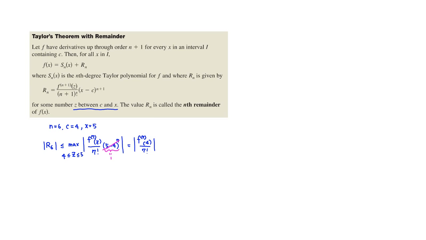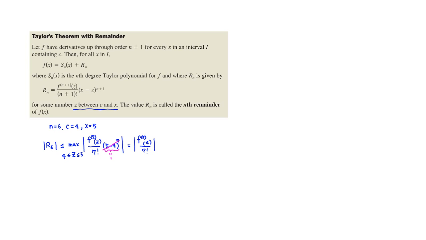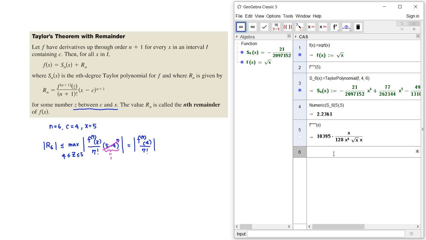Alright, so let's compute that quantity. Oh, let's see. That's not what I want. Let's compute that quantity here. Alright, so this is the seventh derivative, and what we want to do is plug in 4 in there and divide it by 7 factorial.